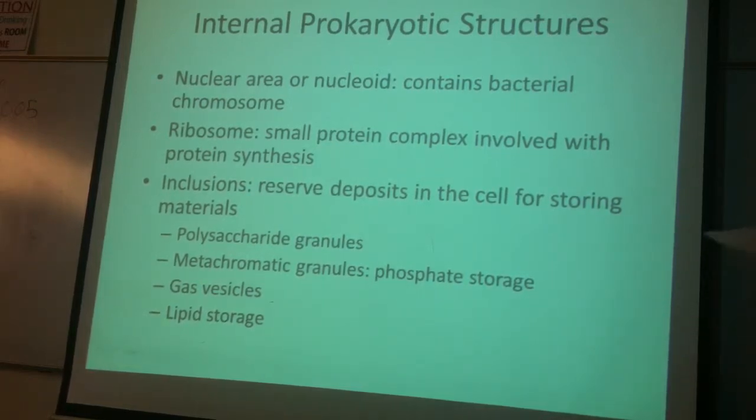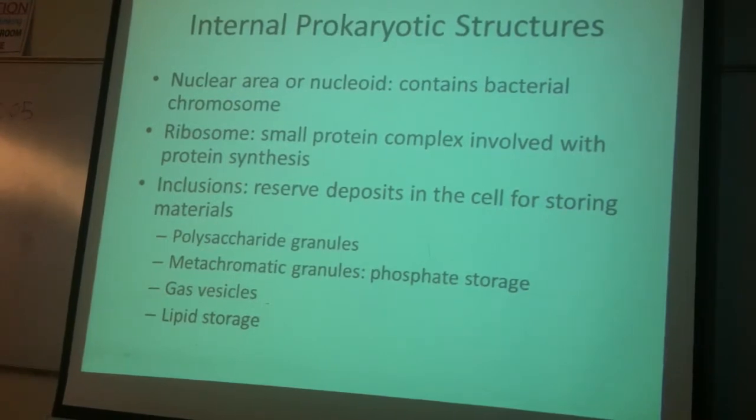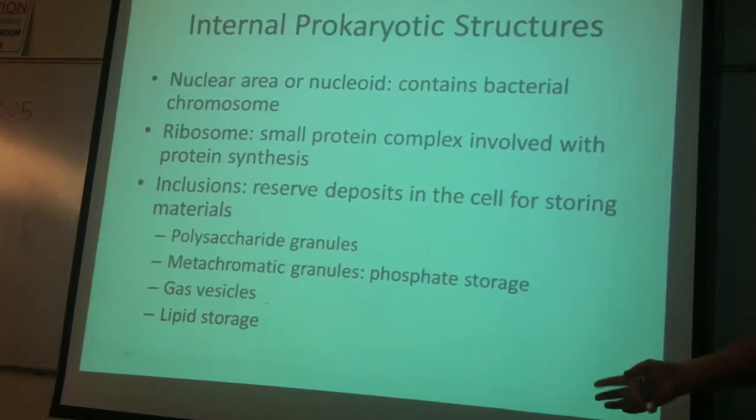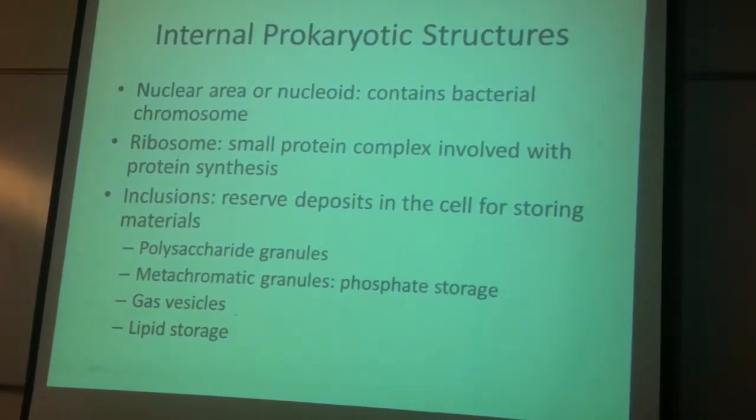But for the bacteria, they can put all of their extra food or anything they want to store out of the way into their inclusions. So you'll get polysaccharide granules, you'll get metachromatic granules, so they can store their phosphate. You'll get lipid storage. Lipids are great energy sources.